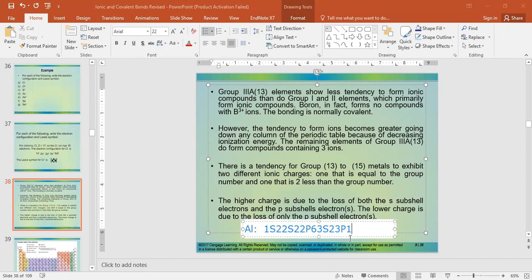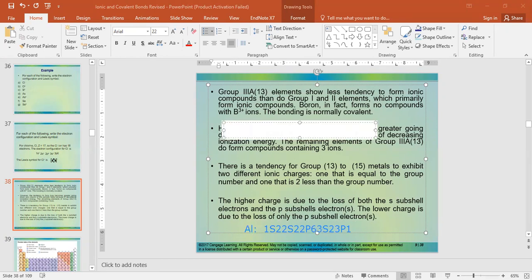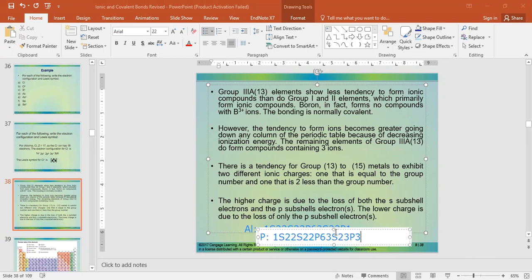And then I also want to write the electronic configuration of phosphorus.